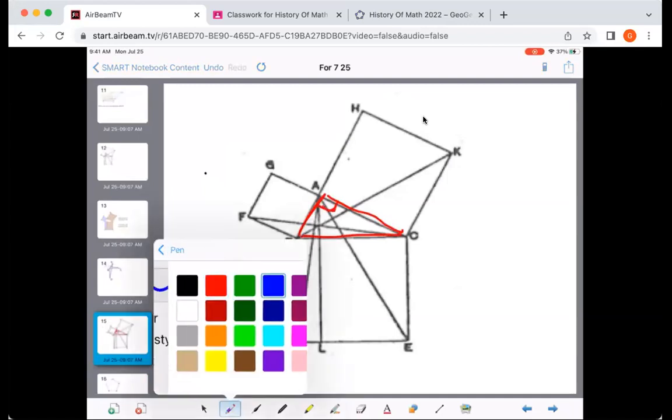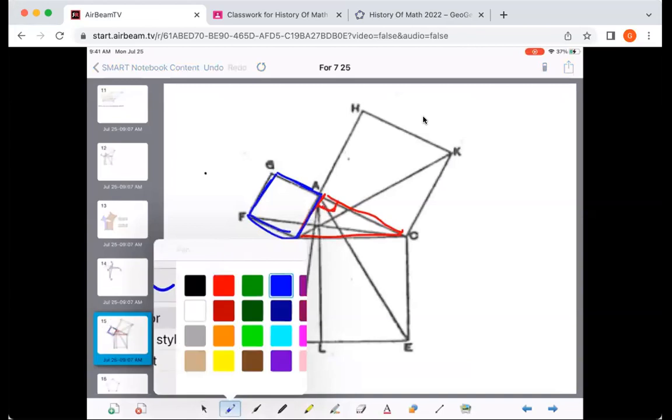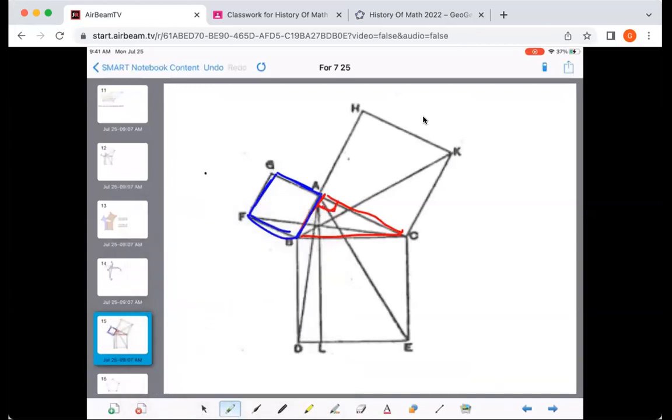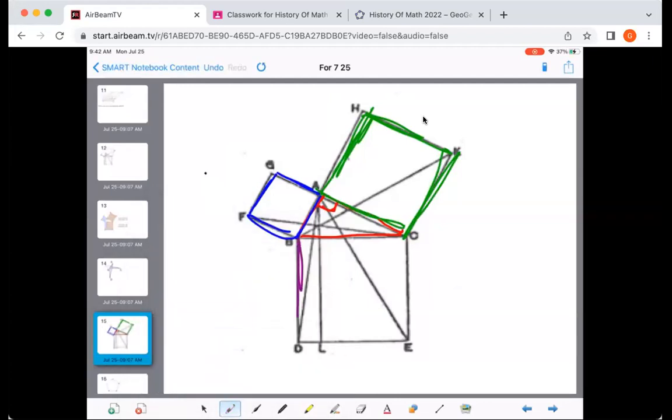And then on the sides of the triangle, we have 3 squares. These are our small and medium squares, the a squared and the b squared. And then on the bottom here, we have that large square, which is c squared.